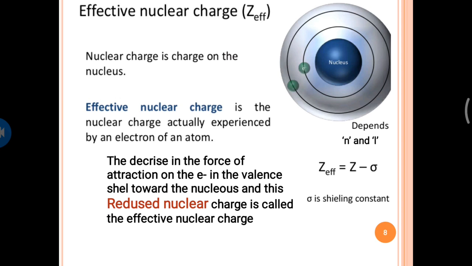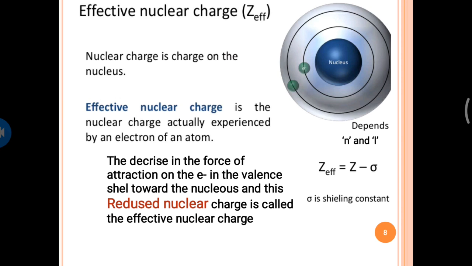Effective nuclear charge is the nuclear charge actually experienced by an electron of an atom. It is the decrease in the force of attraction on the electron in the valence shell towards the nucleus.